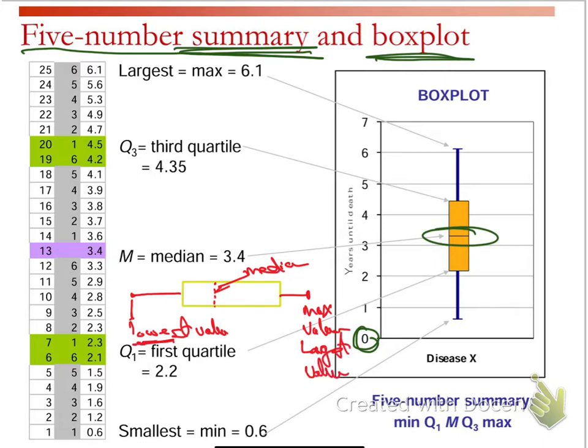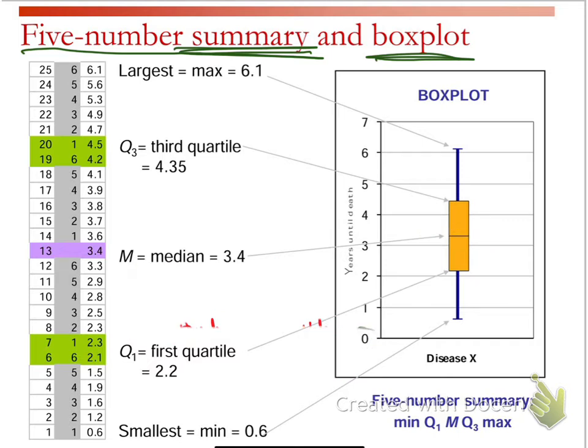Here is the lowest value, and then here this is Q1, the first quartile, and this is the third quartile. In between is called the interquartile range, between the first and the third.